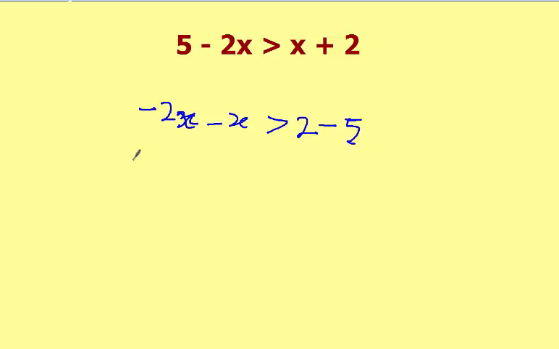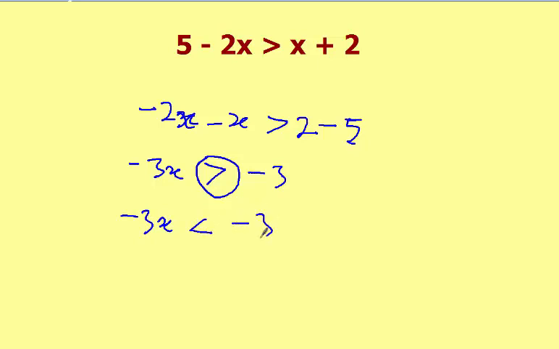Therefore, this is going to give us negative 3x greater than 2 minus 5, which will also give us negative 3. Remember, the coefficient of the variable x is negative, and because of that, it will affect the direction of this sign. So it's going to be negative 3x less than negative 3.